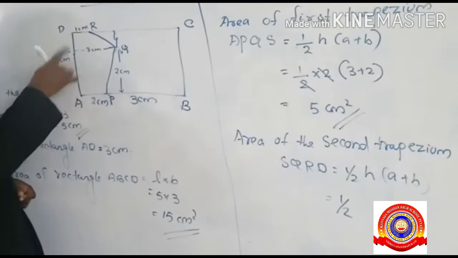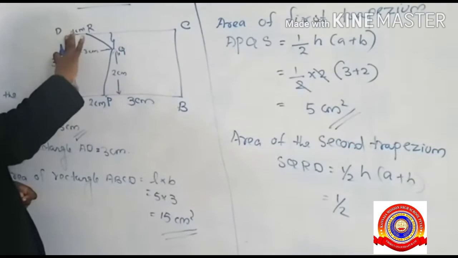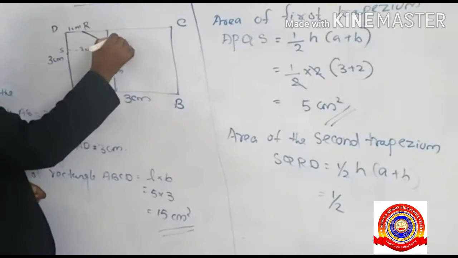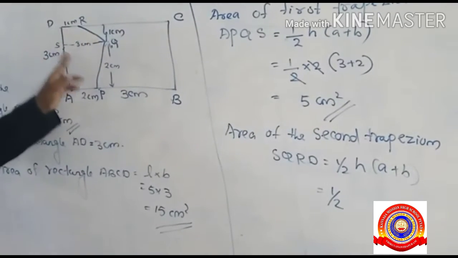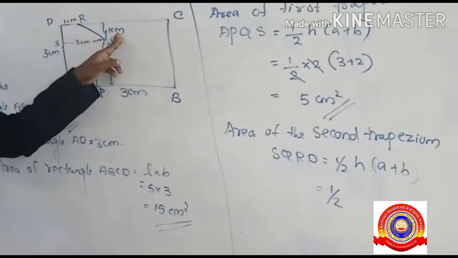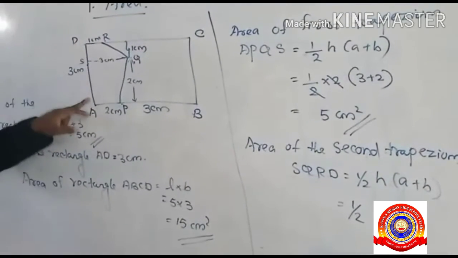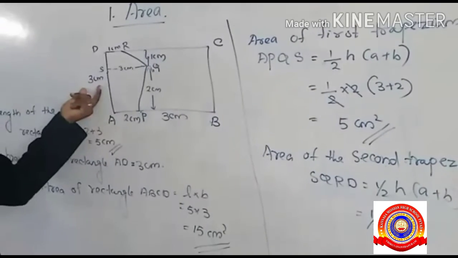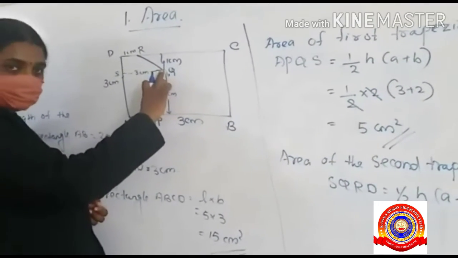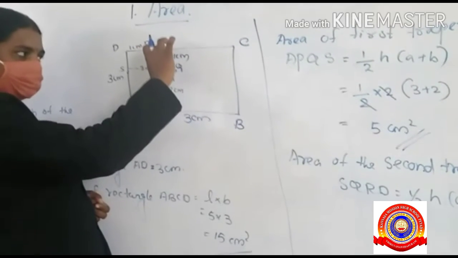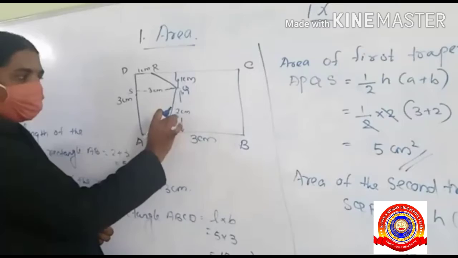We have to find. Here AD equal to 3 centimeter and PQ equal to 2 centimeter. So AD minus PQ, we will get the height of the second trapezium and it is equal to 1 centimeter.